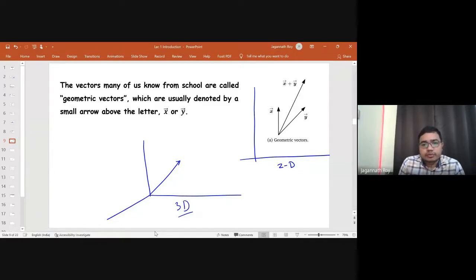Now what will happen, what are the vectors in higher dimension?